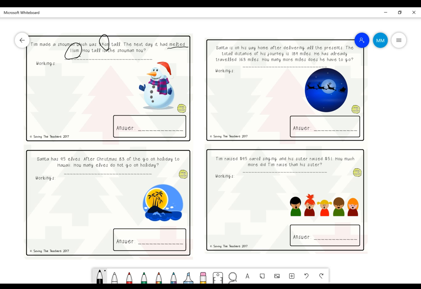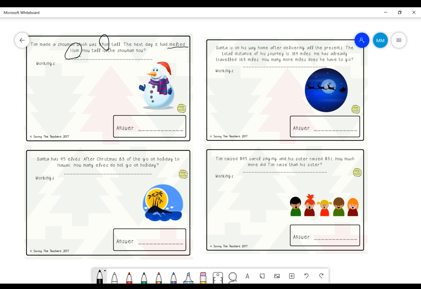So, Smarties, let's think about this story. Tim made a snowman, and the snowman started at 34 centimeters tall. It melted 11 centimeters. So, if something is melting, does that mean it's getting bigger or smaller? It's getting smaller. So, are we adding or subtracting? We're subtracting. All right.